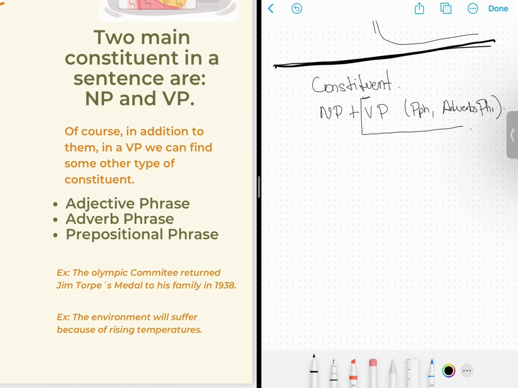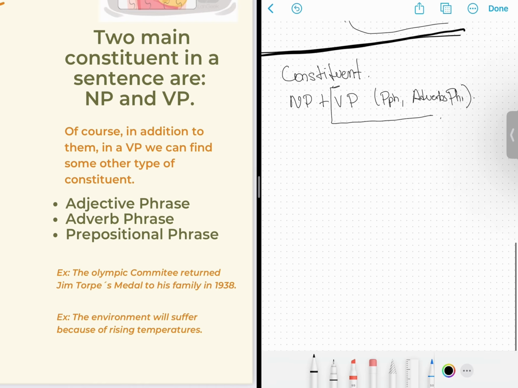And I'm going to give you an example because I asked you also in the pretest to underline constituents in the verb phrase. What are constituents? Now we know that it is a group of words that adds together to form a unit. For example, I'm going to write just this example a little big.